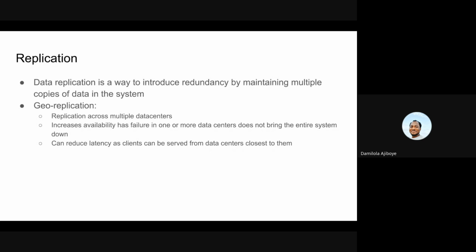If the data is physically closer to the user, say I'm in Lagos and the data center is in Lagos, obviously the latency will be a lot better than with a data center in San Francisco. So that's another benefit we get from the perspective of replication.